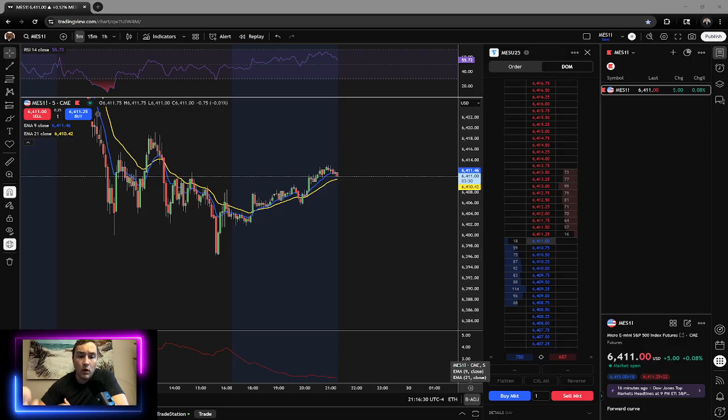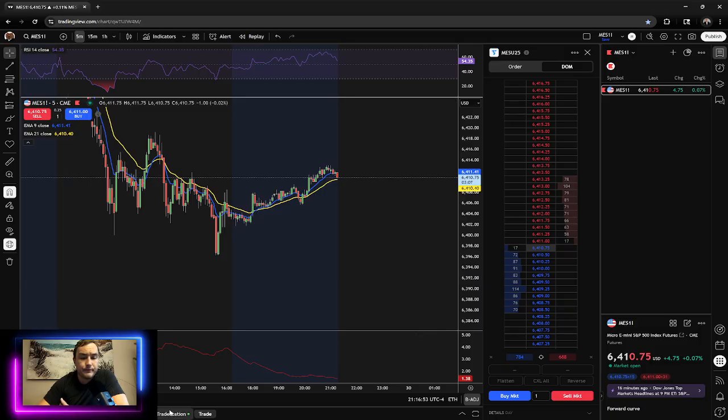So I use the 1 ATR as the stop loss, and I use twice the stop loss as the take profit every time. So the advantage to this system is that I've taken a lot of the discretion out of the picture. I've taken a lot of the guessing out of the picture, and made it a lot more mechanical, basically.